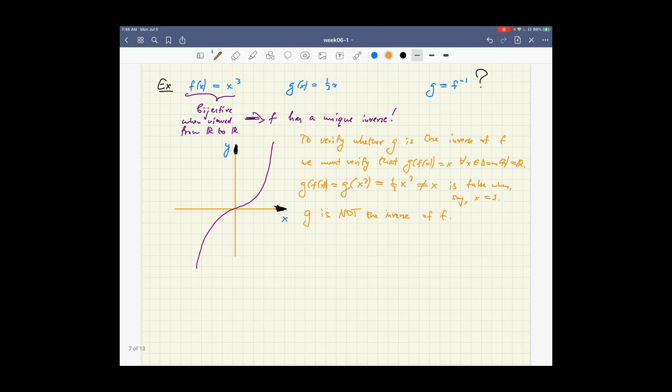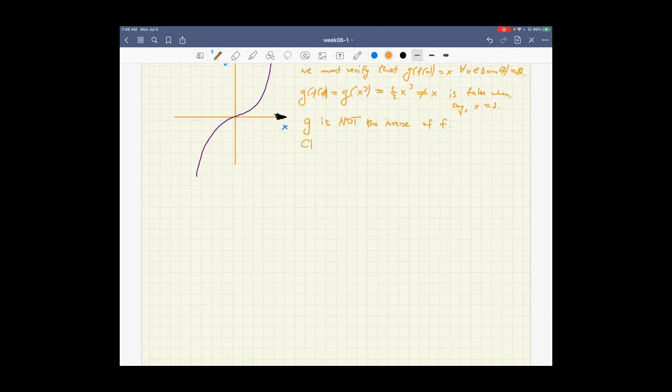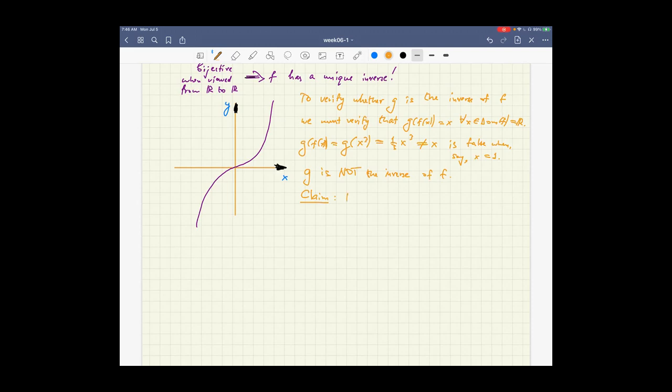Well, we claim that the inverse of f is cubic root of x, which is, by the way, also defined on the entire real line. Cubic root is defined for all real numbers.